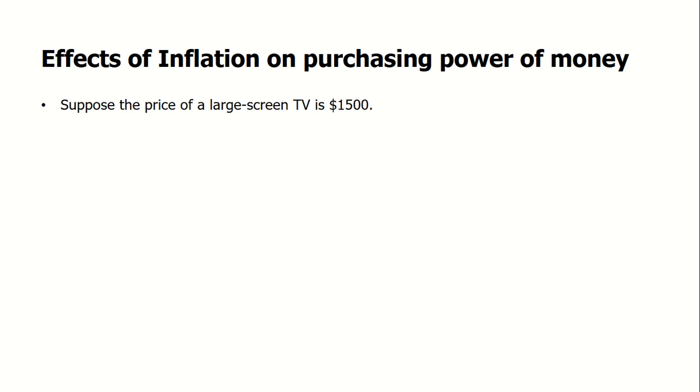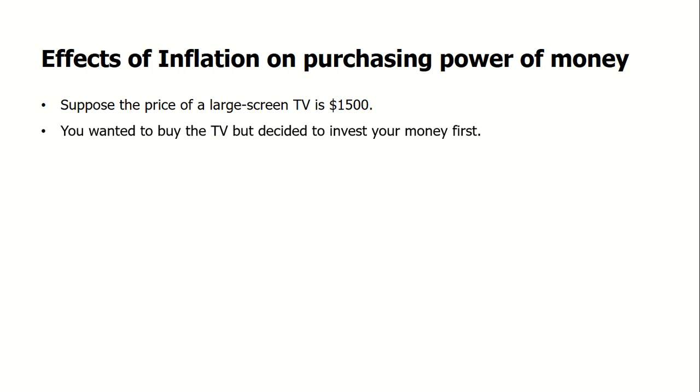Let's illustrate this with one more example. So let's say you wanted to buy a large screen television amounting to 1,500 pesos. But you decided to invest your money first instead of buying the TV at that moment, in the hope of garnering enough interest so that you will be able to not only buy the TV but other goods as well.